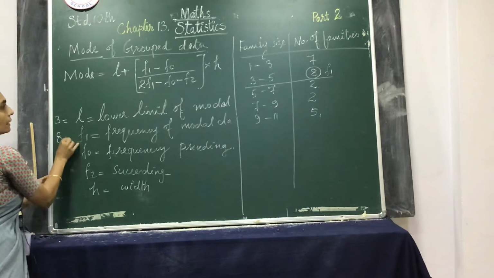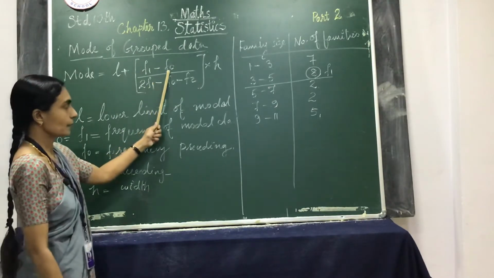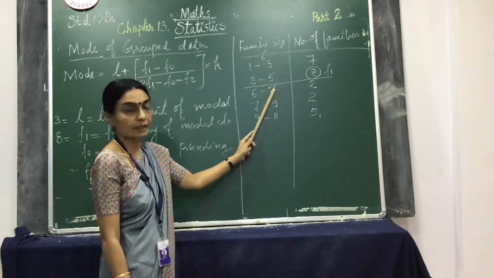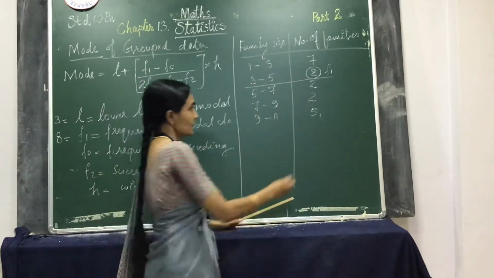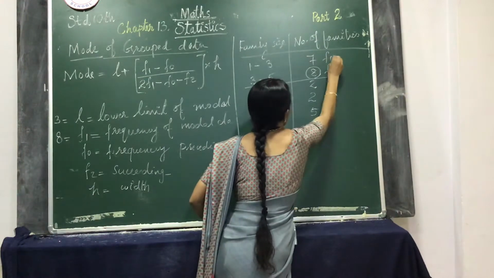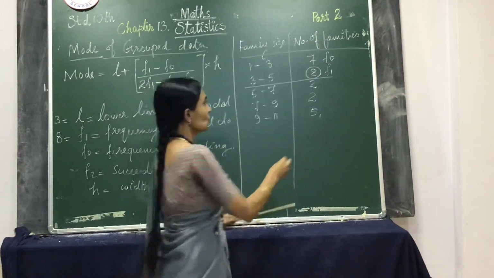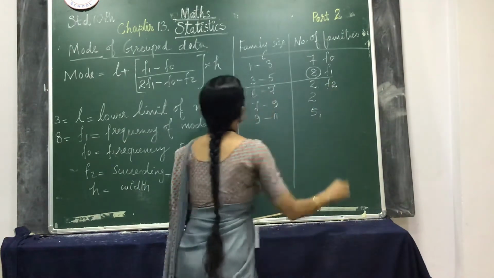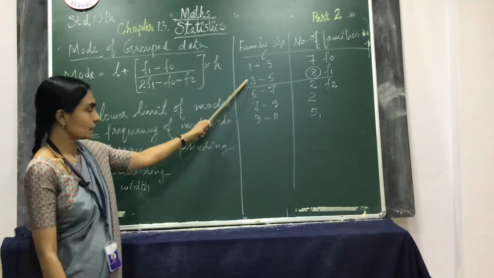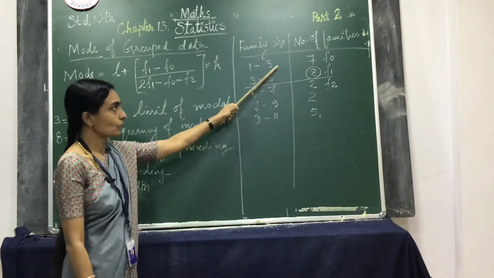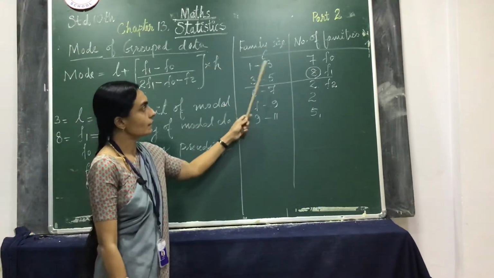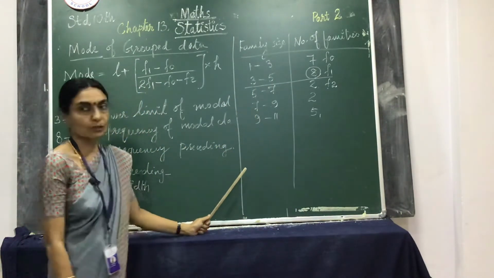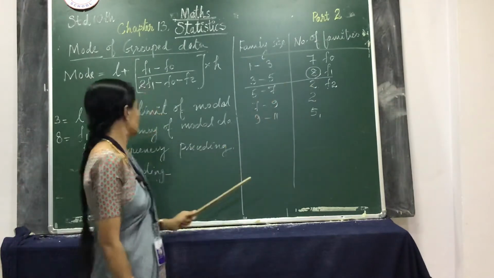And the next letter here is F0. F0 means the frequency of the class interval preceding the modal class, and F2 is the frequency of the class interval succeeding the modal class.